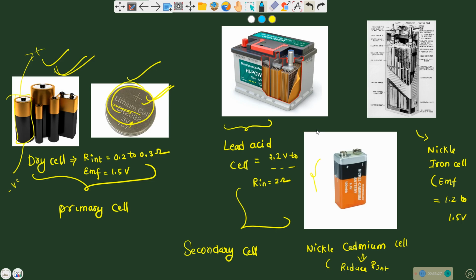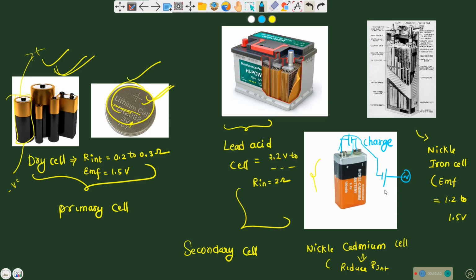For the charging of a battery, it must be connected with a DC source. If a DC source is not available, then first AC is converted back to DC, then it is given to this battery.